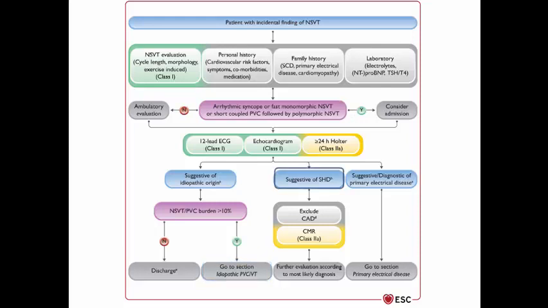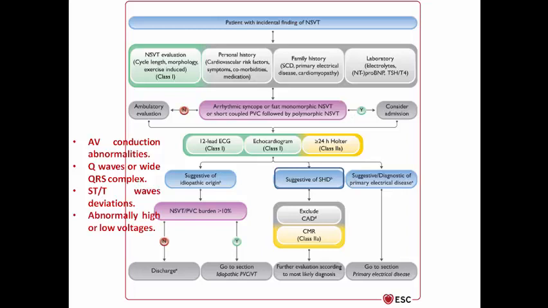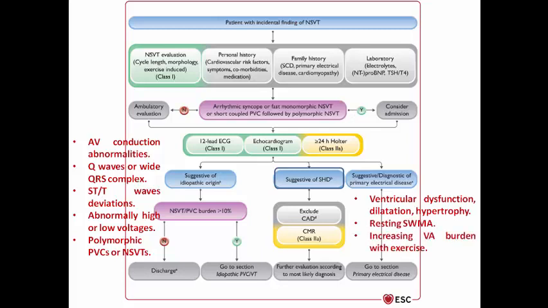If the patient has features suggestive of structural heart disease in the ECG, for example, AV conduction abnormalities, pathological Q wave or wide QRS complex, ST or T wave deviations, abnormally high or low QRS voltage, polymorphic PVCs or non-sustained VTs, or in the echo, ventricular dysfunction, dilatation, hypertrophy, resting segmental motion abnormalities, or increased VA burden with exercise.